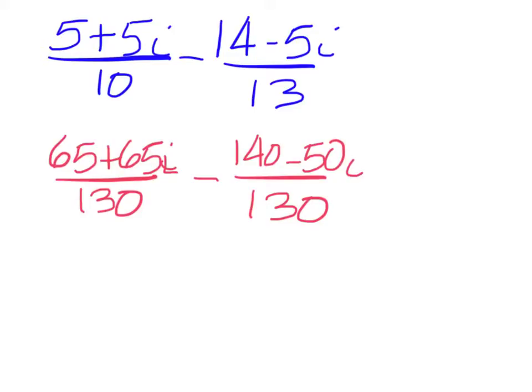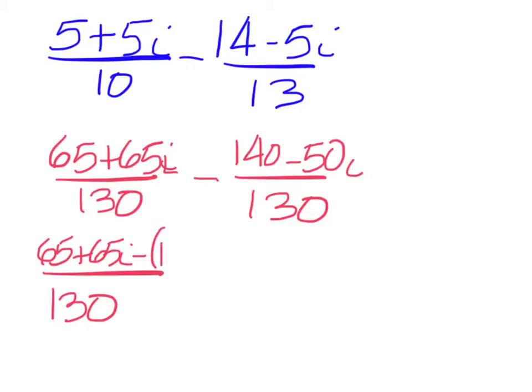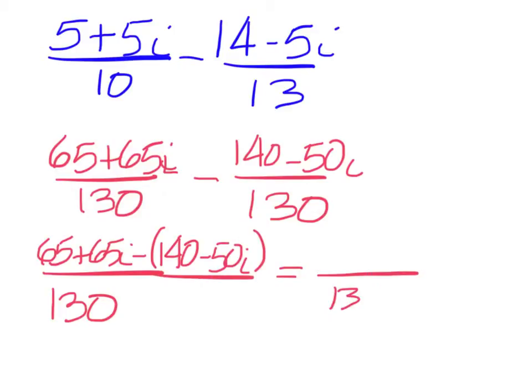So if you combine all this together, over 130, I would have 65 plus 65i minus the quantity of 140 minus 50i. So if I do this, 65 minus a negative 50, so it's really plus.